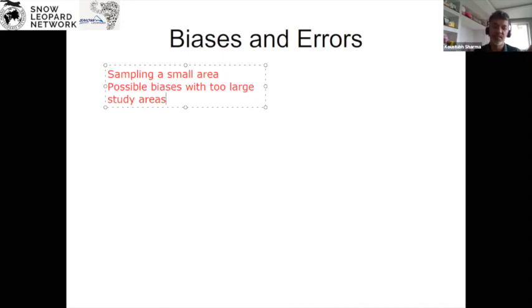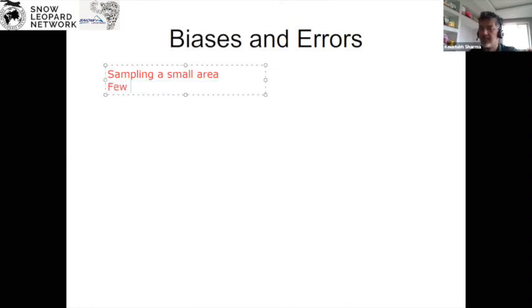Biases happen when you sample too small an area, or you end up sampling in a disbalanced way. Arslan says large areas, less samples. Okay. Good. Anybody else?